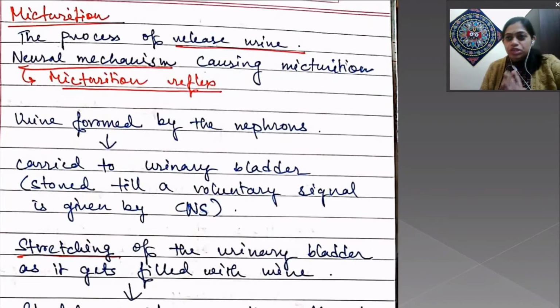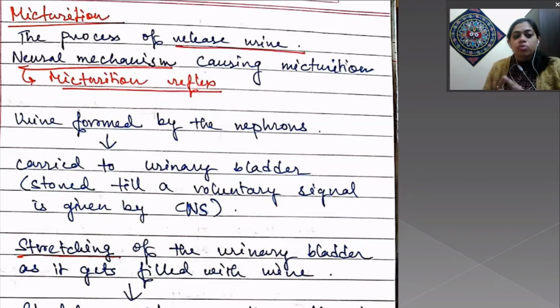So what is micturition? Micturition is the process of release of urine. It is a nerve-controlled mechanism. A neural mechanism is causing micturition, and this is called the micturition reflex. Urine is formed in the nephrons. We have already learned about the structure of the nephron and kidney in part 1, and how urine is formed and concentrated.